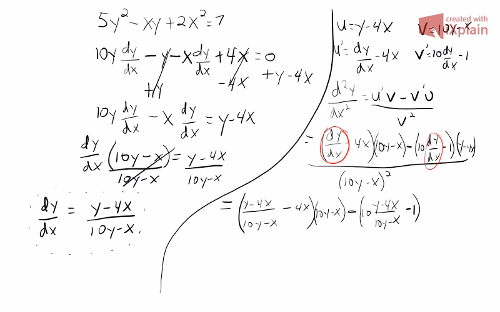And then we still have our y minus 4x. Okay, all of that over 10y minus x squared.